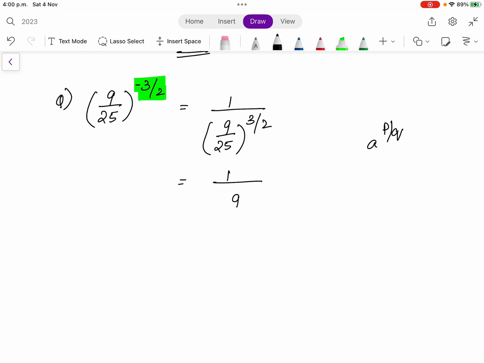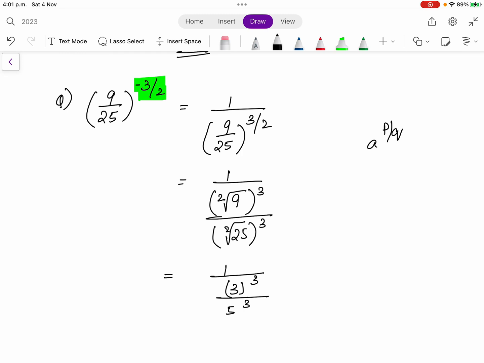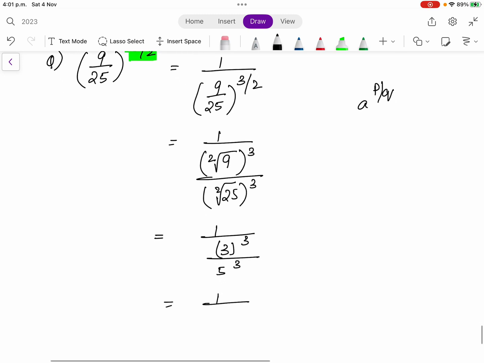So I write this as square root of 9 to the power of 3 over square root of 25 to the power of 3. Then 1 over 3, square root of 9 is 3. So 3 cube over 5 cube, which is equal to 1 over 9 over 125, which is equal to 125 over 9.